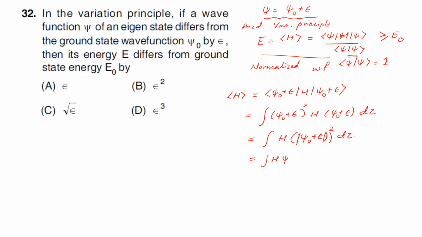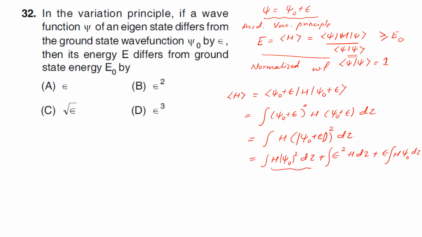So this becomes the integration of H psi naught square d tau plus epsilon square H d tau plus epsilon H psi naught d tau.